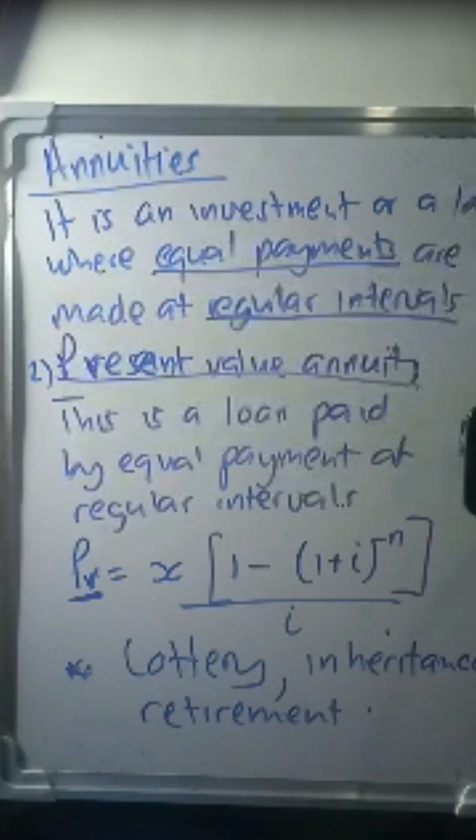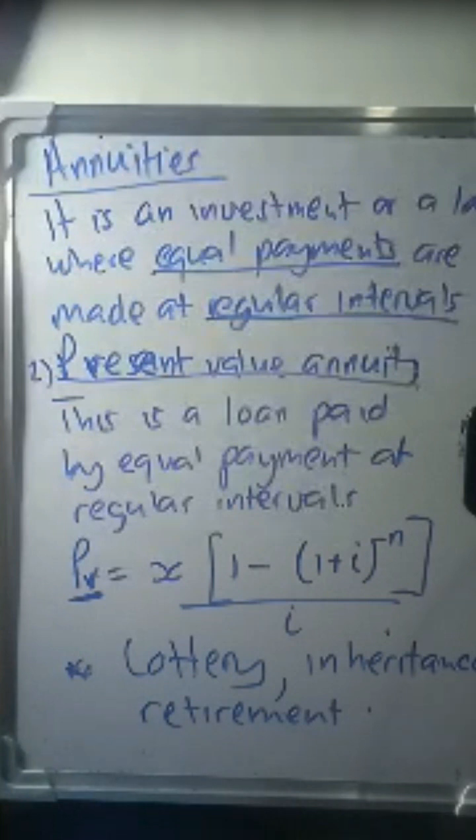For example, you can instruct them that each and every month, I want 20,000. So the money that you have invested with the bank is going to earn interest, but they will pay you 20,000 until your money is finished with the bank. So this one becomes present value annuity.